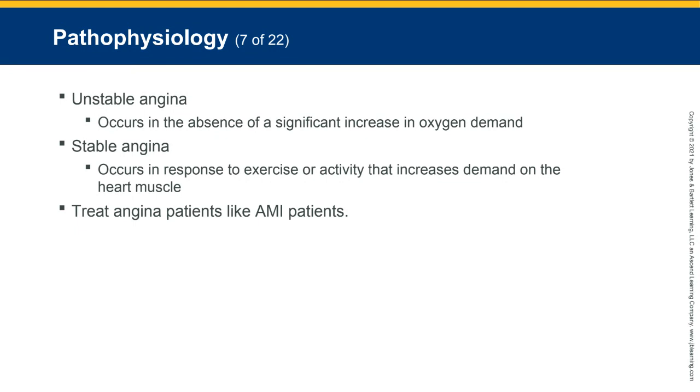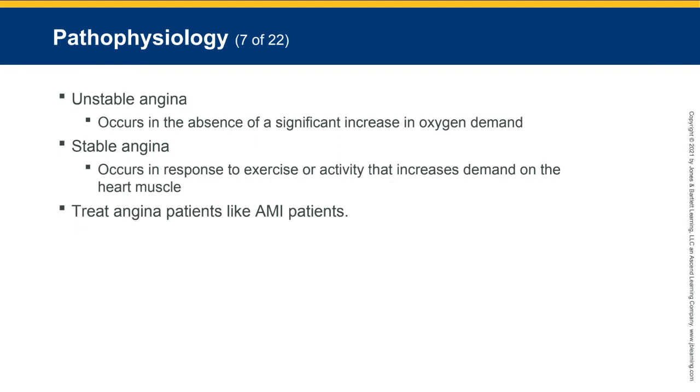And then you have the angina pectoris where it's because of the clogging, the buildup of cholesterol and calcium in the artery. It's not brought on by any increase in activity. That's unstable angina. Stable angina occurs in response to exercise or activity that increase demand on the heart muscle.